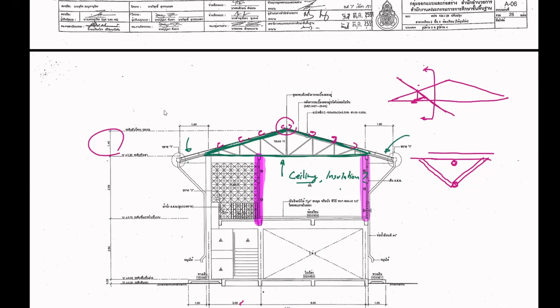For the truss, this is an open system, right? What do you mean, open system? Like a carport, or some insulation on the top. Well, I think we should at least assume to have some ceiling, right? That means this structure is just the frame, but we need to have some ceiling or finishing over this, right?